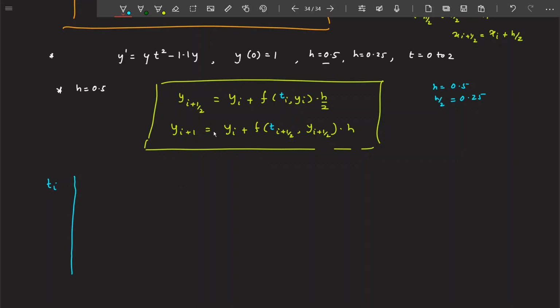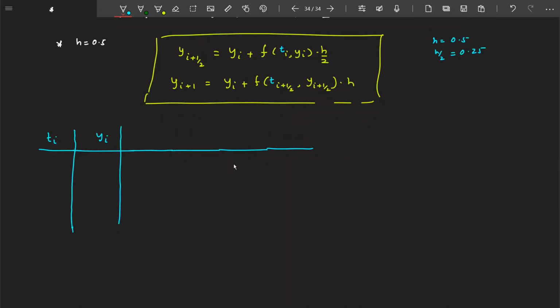Then the next column is going to be my yi. Then what we need here is f of ti, yi, and then when you multiply it by h by 2, the main formula is this: we want ti plus half, yi plus half, and to get yi plus half, you're going to use this formula.